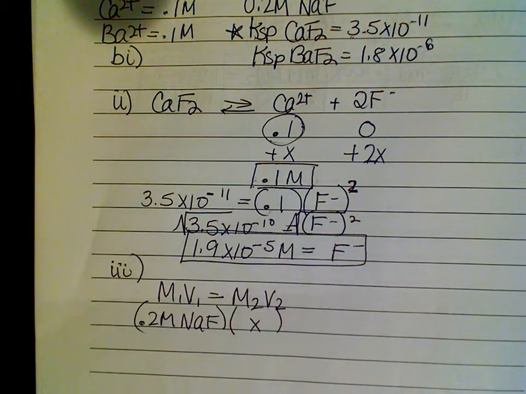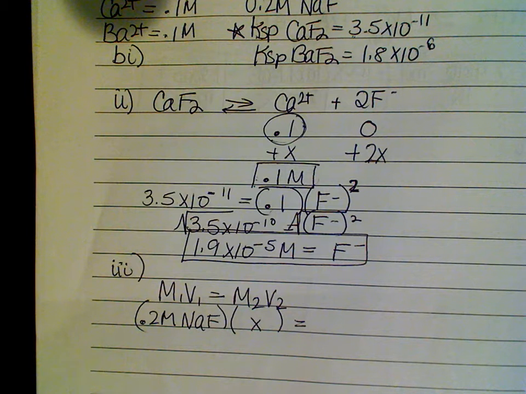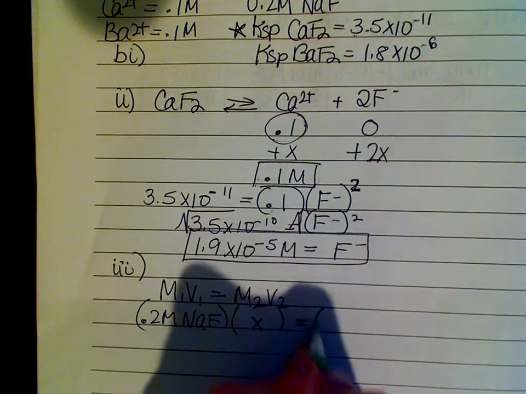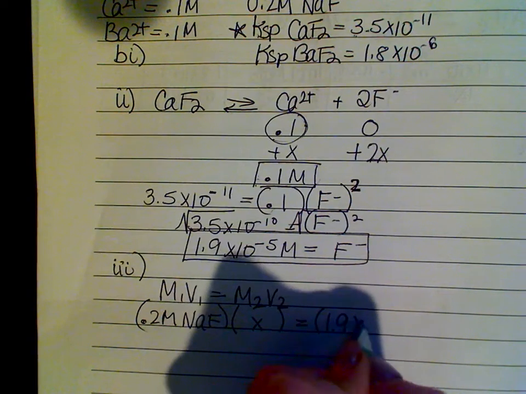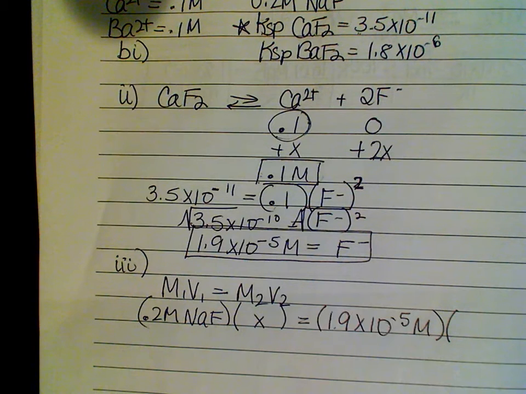So that's my X. I know that my M2 is going to be the concentration of F minus, because we want to know how much is going to get it to that point where it precipitates, and it's F minus that's going to do it, because we already know we've got 0.1 Ca2+. So this is going to be our F minus from above, 1.9 times 10 to the minus 5 molar. And then what is our total volume of the situation?